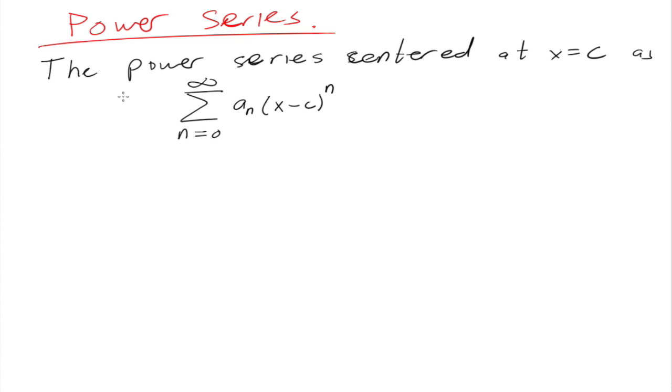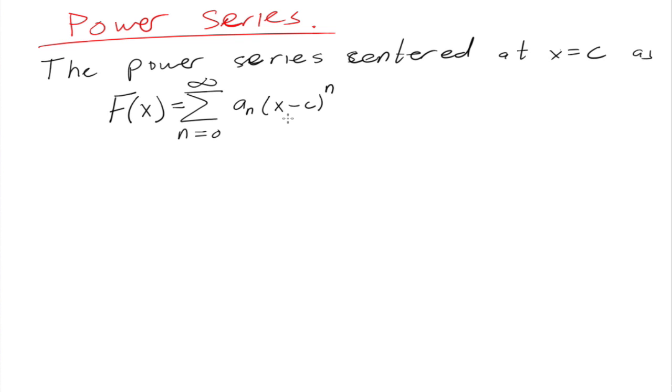Yeah, but this is a function of x. So it's a function, and just like any other function, you plug in some x value, and you get some other number. But it's a funny kind of function, right?